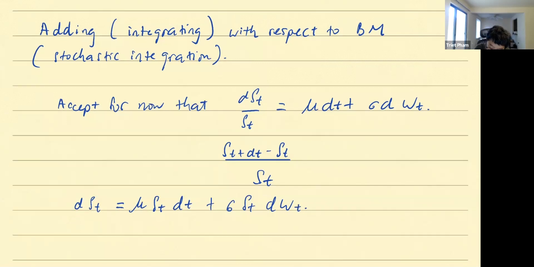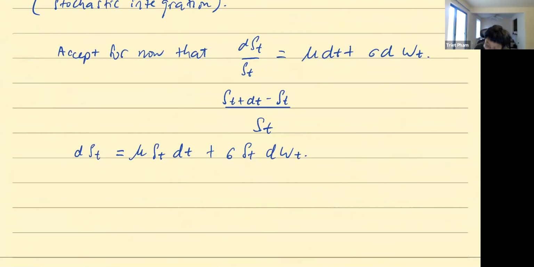Now, what do I want to do with this? Suppose I invest in the stock. Suppose I have a portfolio, not replicating, nothing, just a portfolio, however you want to do that.